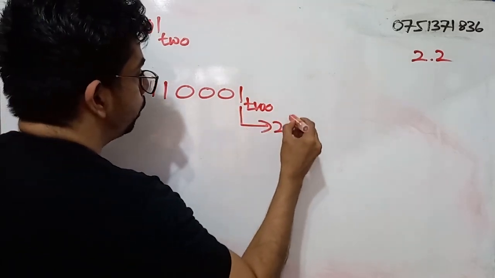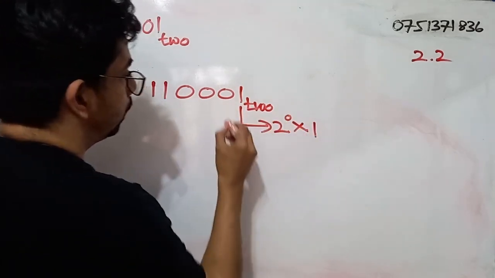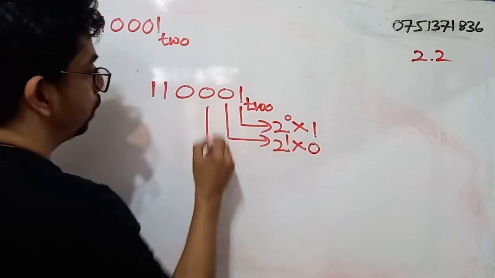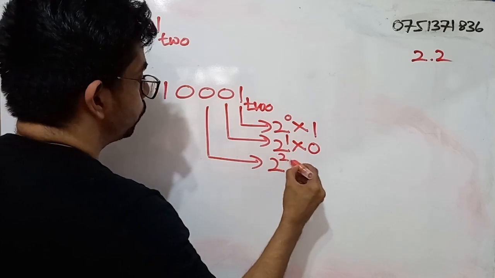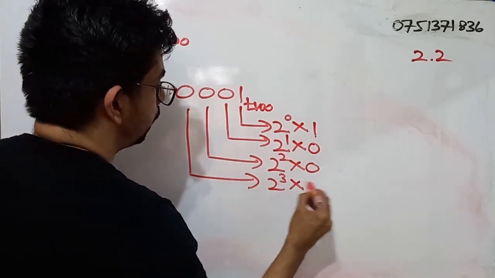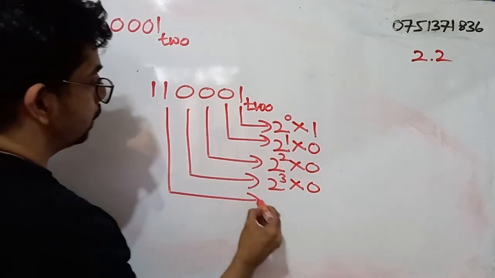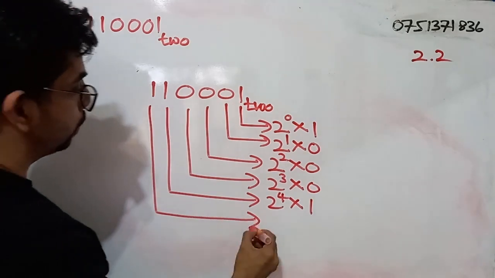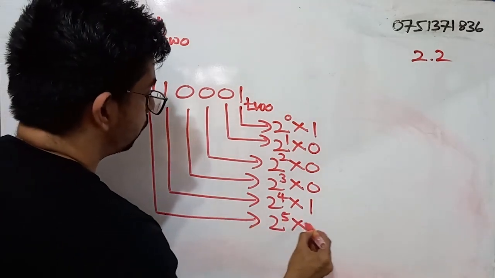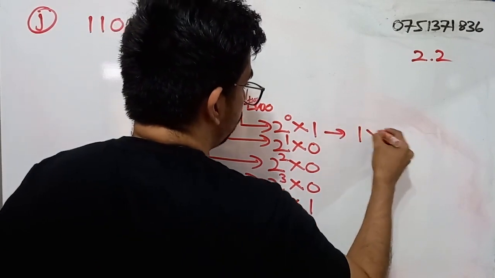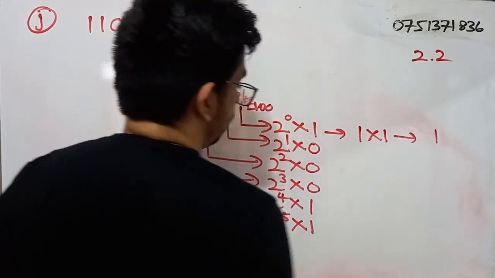So 2 to the power 0 into 1. This is 2 to the power 1 into 0. This is 2 to the power 2 into 0. This is 2 to the power 3 into 0. This is 2 to the power 4 into 1. This is 2 to the power 5 into 1. Right? So 2 to the power 0, that is 1. 1 into 1, what do we get? 1.